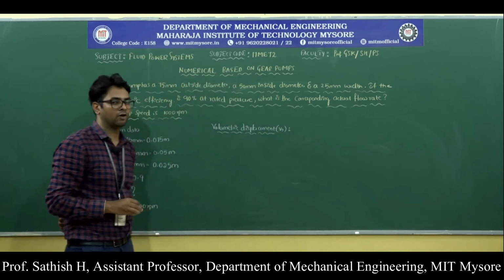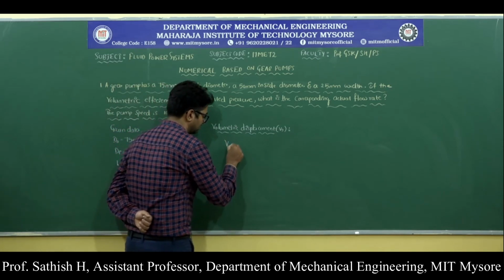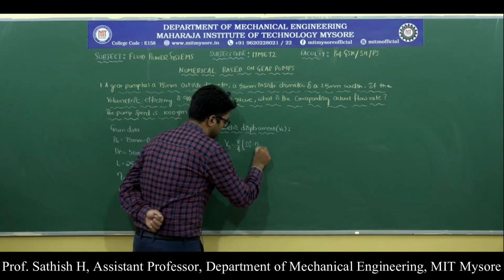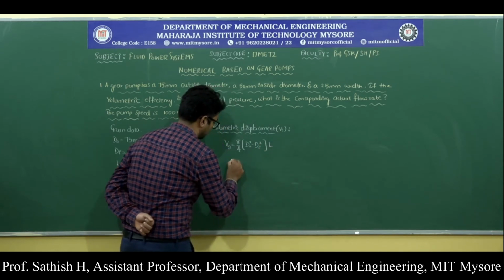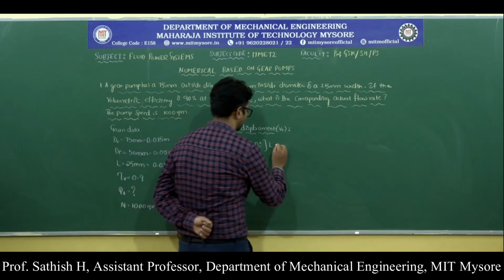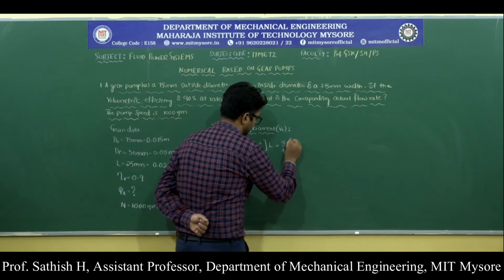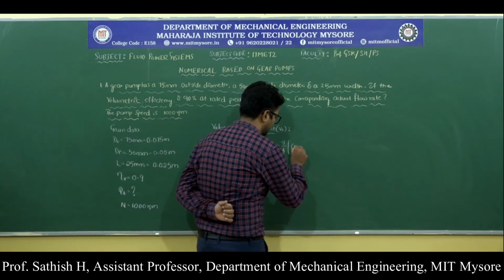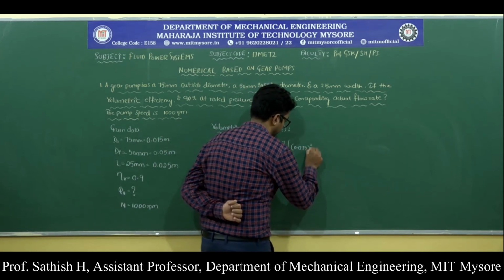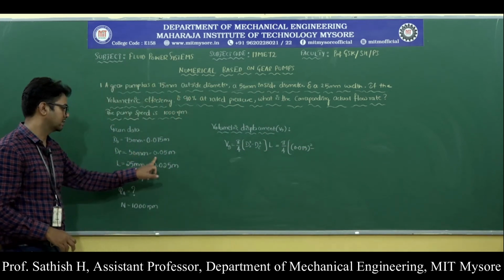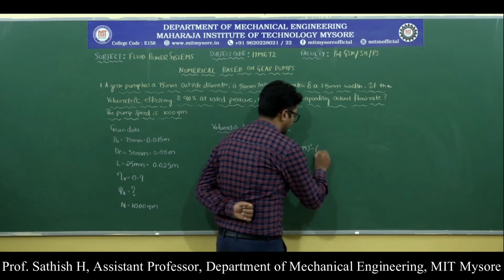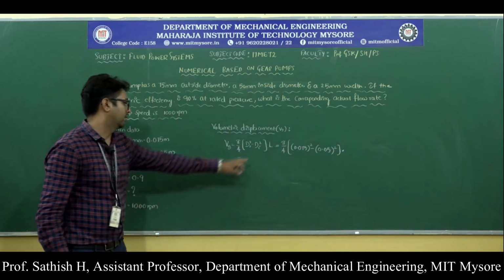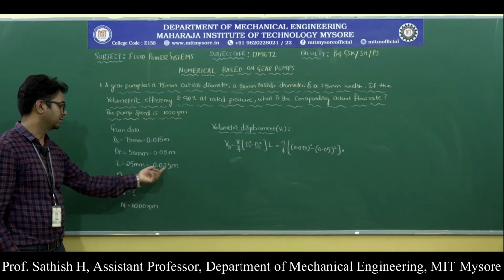We know that the formula for volumetric displacement is Vd is equal to pi by 4 times d naught square minus di square, multiplied by L. If you substitute the values, it is equal to pi by 4 times 0.075 whole square minus 0.05 whole square, which is multiplied by L, the width of the gear teeth, that is 0.025.